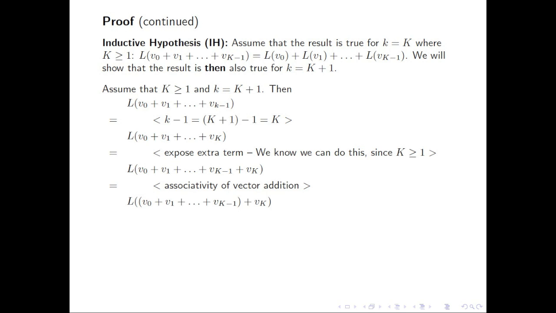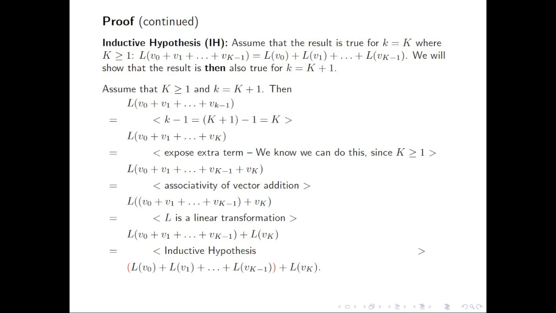And we can then put parentheses around the first big K vectors. Now we know that if we sum big K vectors, we get another vector. So that's just L of one vector plus a second vector. Therefore, because L is a linear transformation, we know that that's just L of the first vector plus L of the second vector.